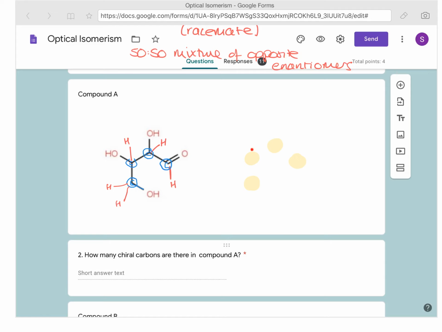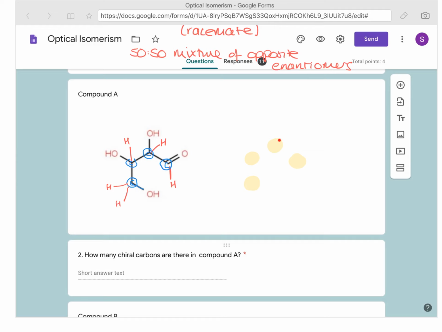So if you're looking around this carbon in particular, you've got to look at everything that comes off in 4 directions, which is these 2 huge chunks, and they can't be the same. They're not the same, so we've got 1, 2, 3, 4 different groups coming off this carbon. That makes this carbon chiral.